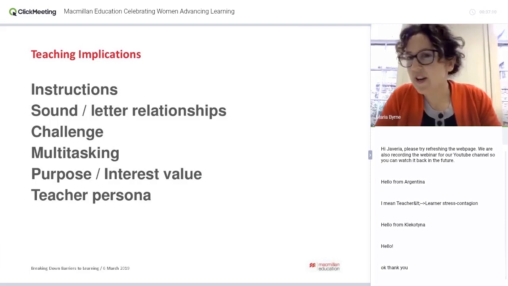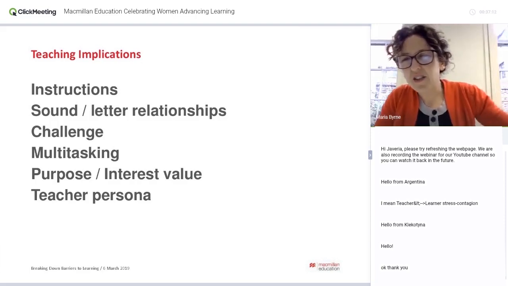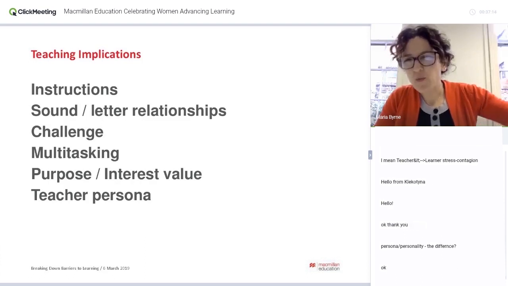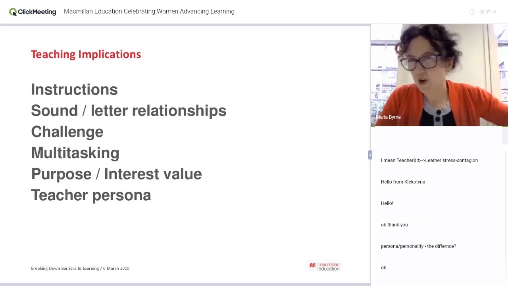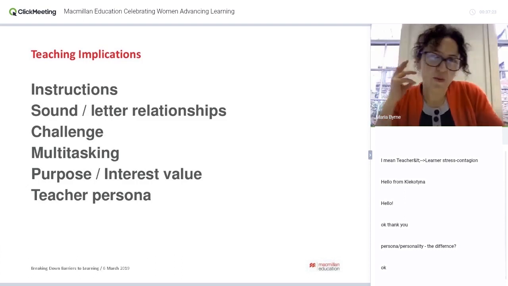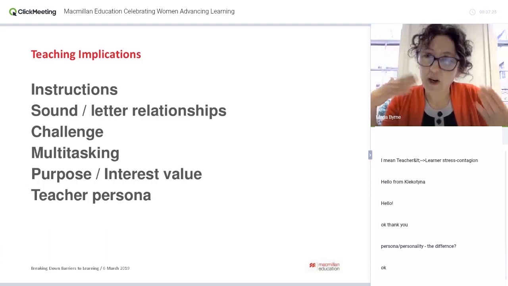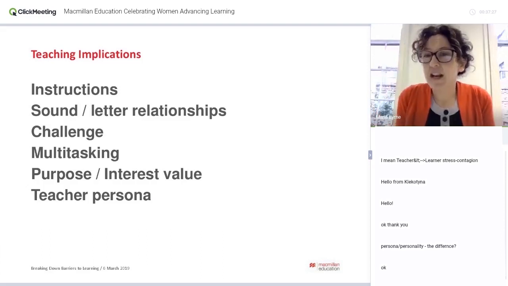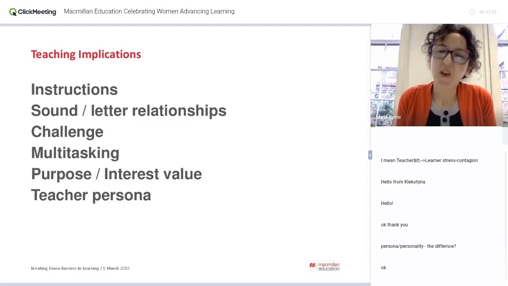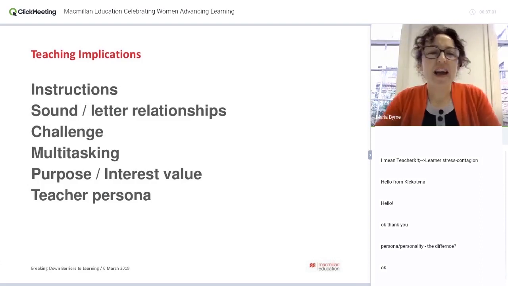And from observing teachers, I find that instructions are an area we need to work on as teachers, because if the students don't understand the instructions, maybe because of phonological processing or processing speed, then they can't actually do the task, obviously.